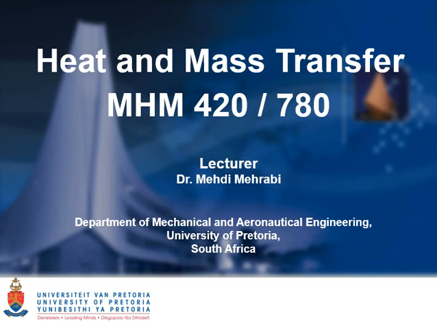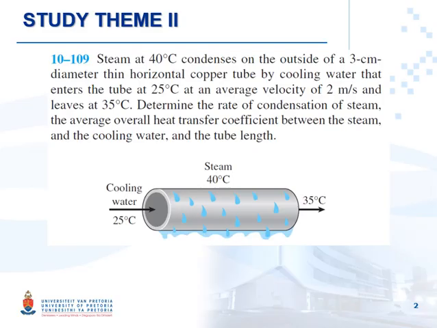We might have convection simultaneously, and you can't neglect any of them in some cases, so you need to calculate both. Let's solve one example and see what I meant by combining different concepts into condensation or boiling.